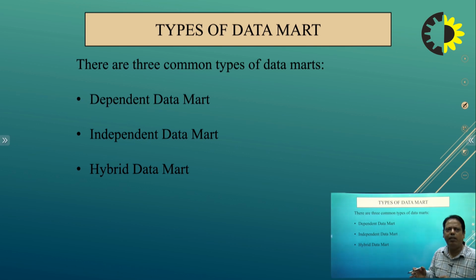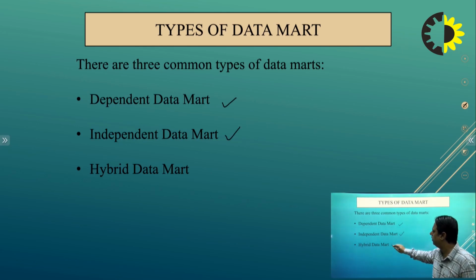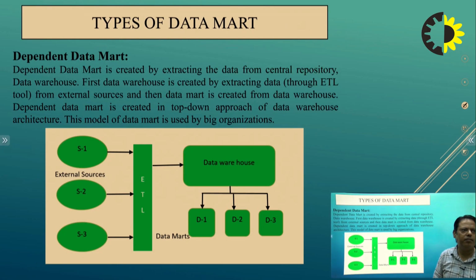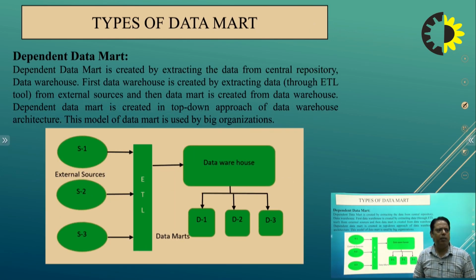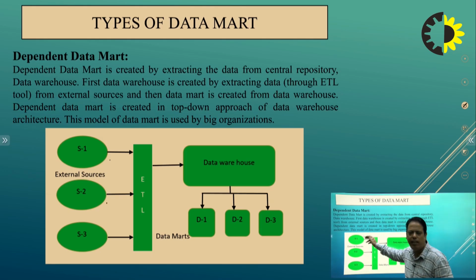There are three types of data marts used in data warehouse. The first is dependent data marts, then independent data marts, and hybrid data marts. Dependent data marts are created by extracting data from the central repository, the data warehouse. Data comes from external sources, internal sources, different types of heterogeneous sources.